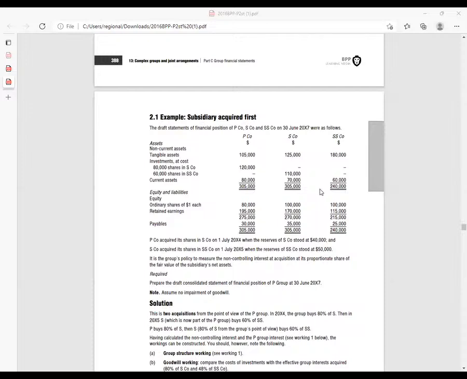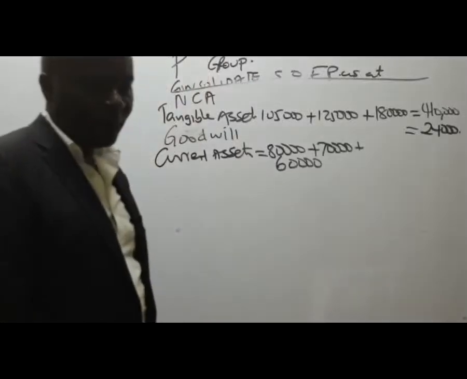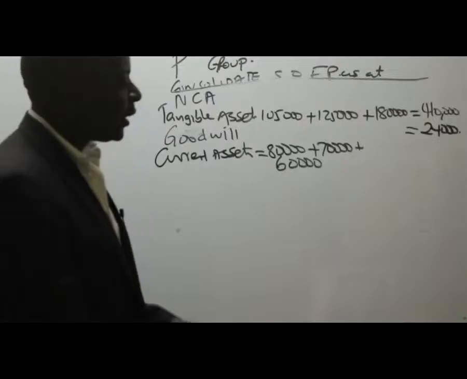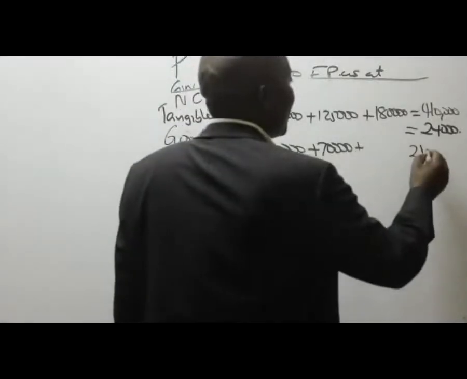So the current assets, we have 80,000 plus 70,000 plus 60,000, which will end up giving me what figure? 210,000.